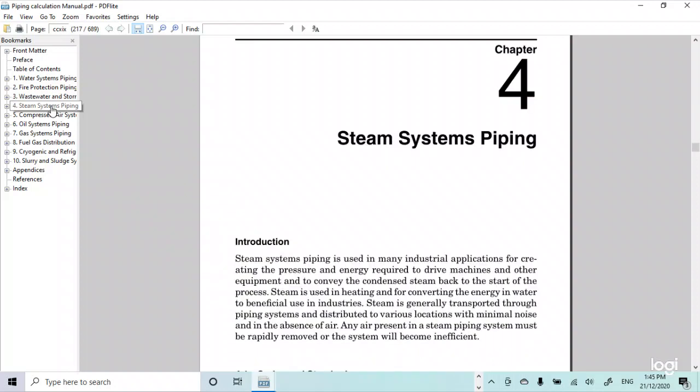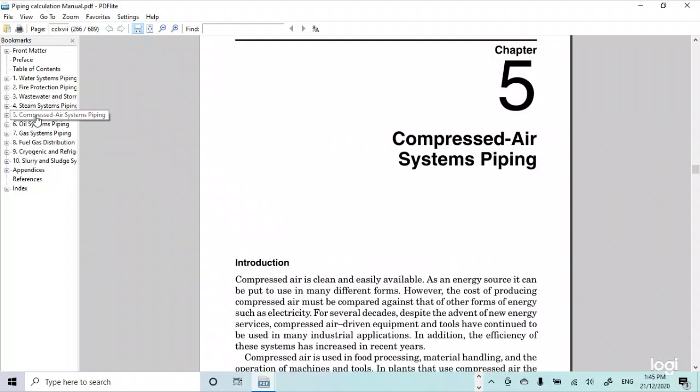In chapter 4 you can see the sink system piping. In chapter 5 you can see the compressed air system piping.